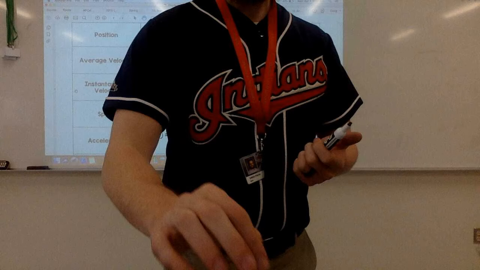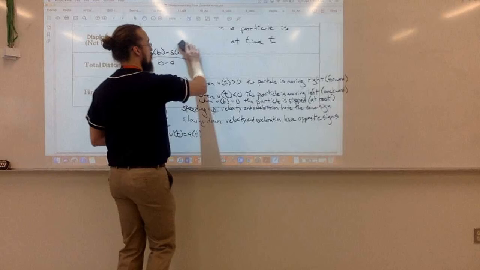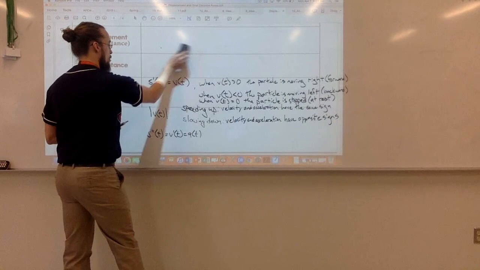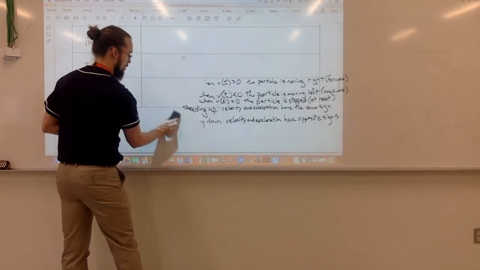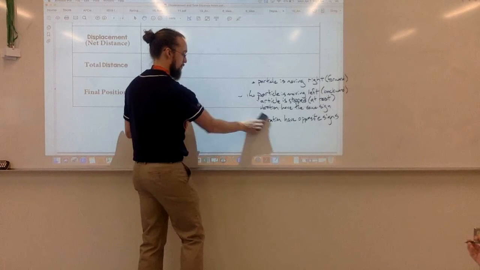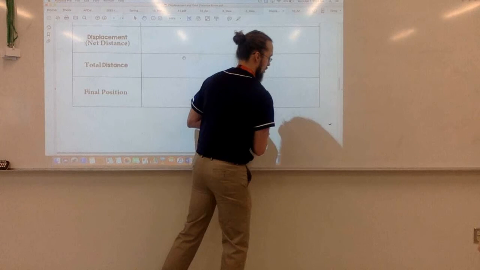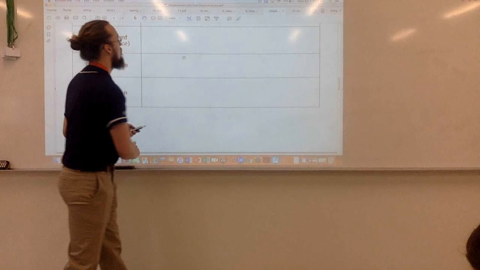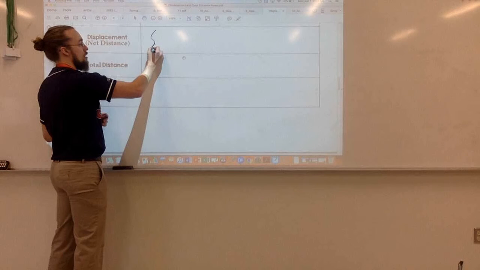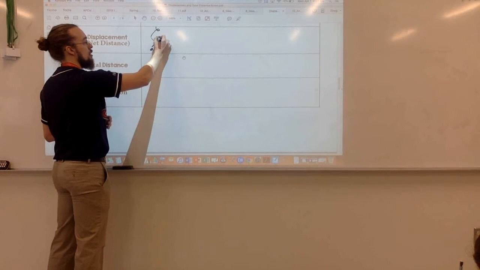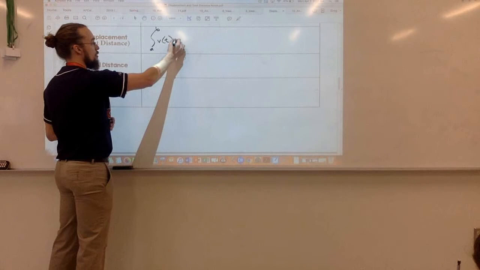Displacement and total distance. Just so we have all this information in one place, let's jot this down again here. Displacement is the integral of our velocity function.